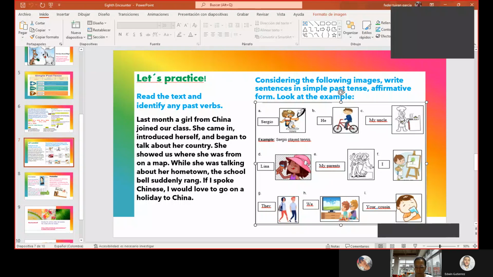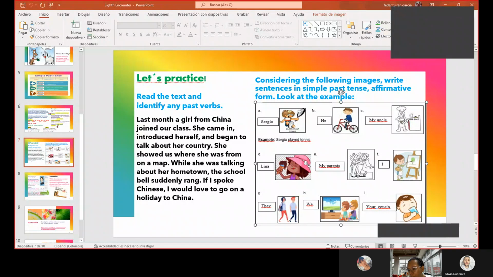Can you repeat that, teacher? Yes, we are going to organize these sentences. I don't know if you can see yet, but you need to look at a picture, an image, and write here in the simple past what the person is doing there.